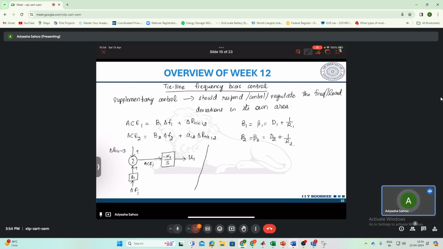And similarly for area 2, additionally you will have A12 delta P tie12 plus B2 delta F2, that gives you ACE2, then minus K2 by S, that will give you U2.